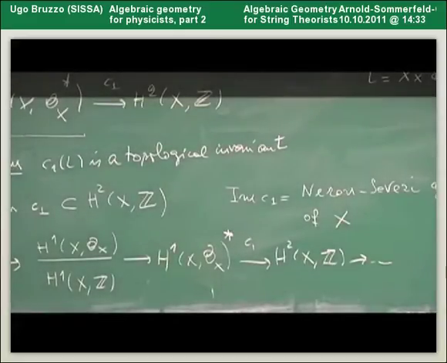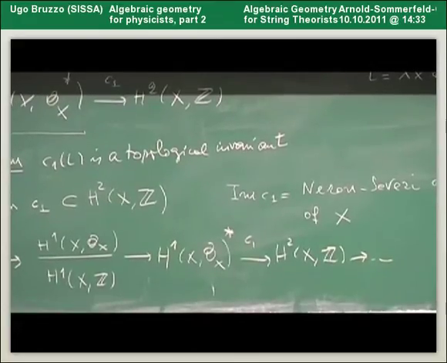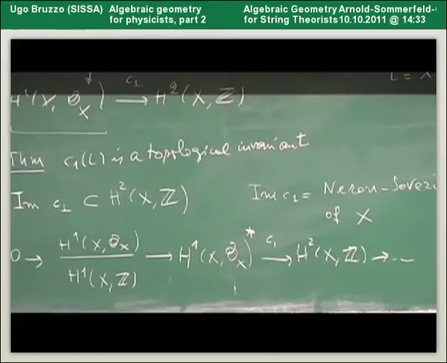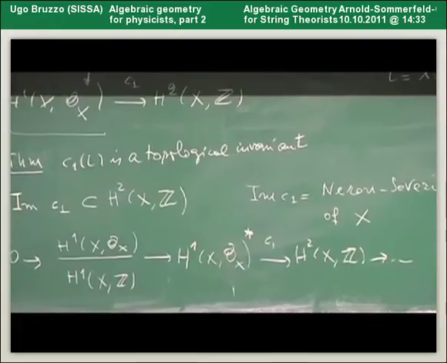Now I will change names to these objects. In particular, I will write not H2 of Z, but rather the image. And the group I'm erasing at this moment, of isomorphism classes of line bundles, I will call the Picard group.